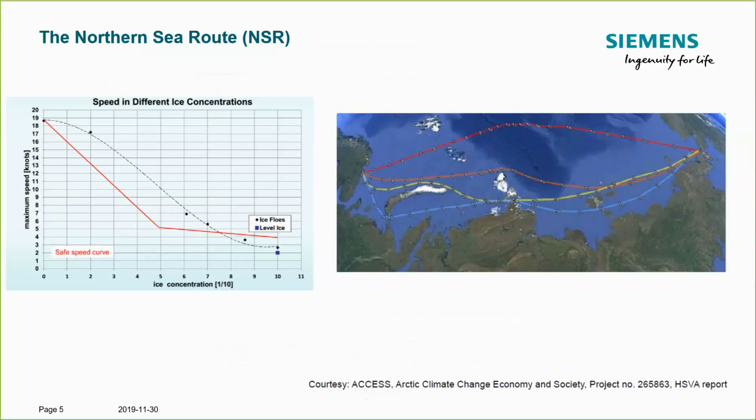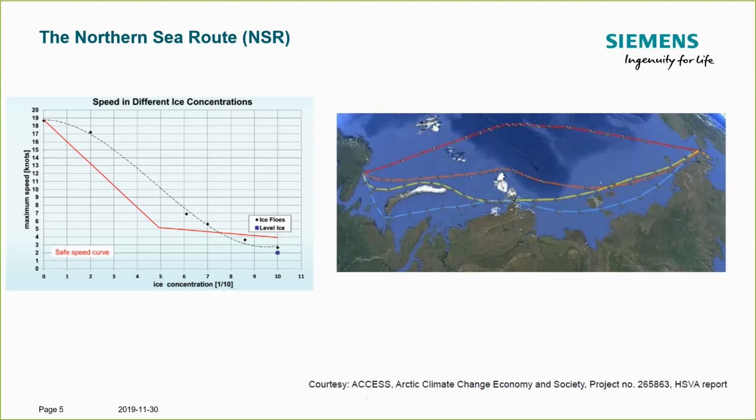Now, if we look at a zoom-in view of the Barents Sea, there are mainly 4 ship passages in place, on the right-hand side here, indicated by the blue, yellow, orange, and red line. The reference this data is derived from is given here at the bottom. And this report also came up with a study of the safe speed in ice.